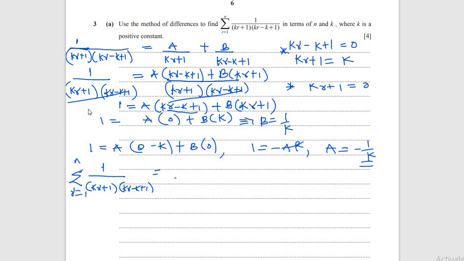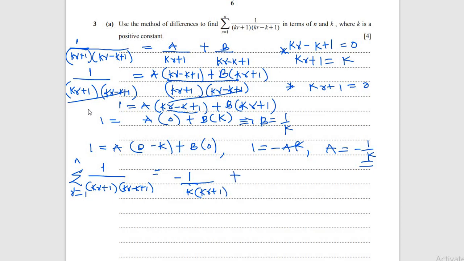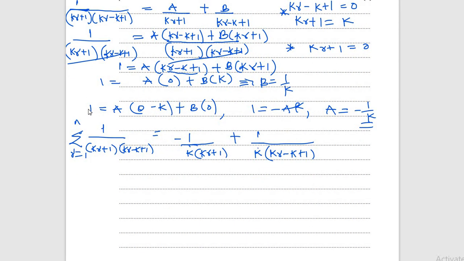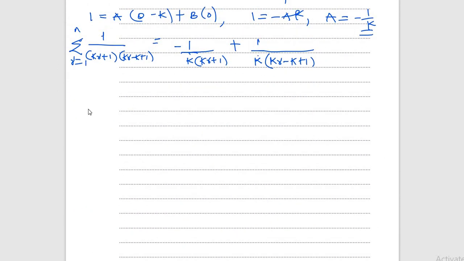Our a is minus 1 over k into bracket kr plus 1, plus, what's our b? 1 over k into bracket kr minus k plus 1. So from here, we have the summation from r equal to 1 to n. Okay, so let's apply the summation method of differences.